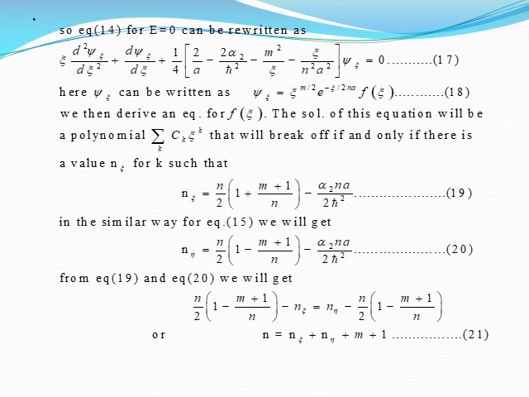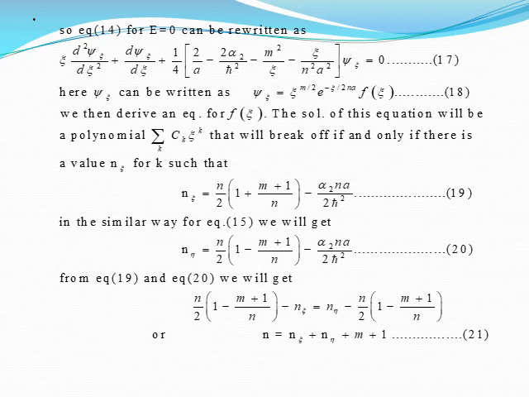So equation 14 for E equal to 0 can be rewritten as xi d2 psi over d xi square plus d psi over d xi plus 1 upon 4 bracket start 2 upon a minus 2 alpha 2 upon h cross square minus m square over xi minus xi over n square a square bracket close psi is equal to 0.